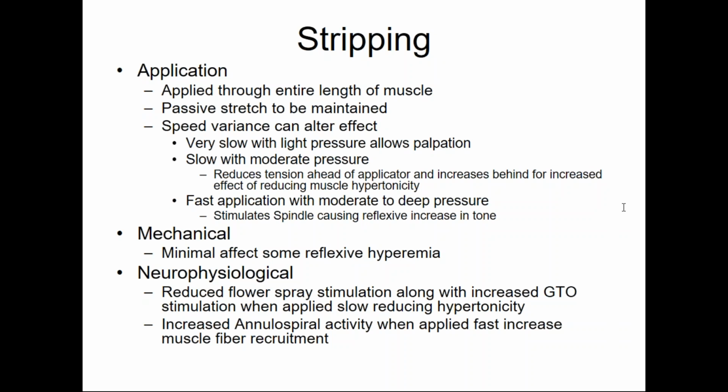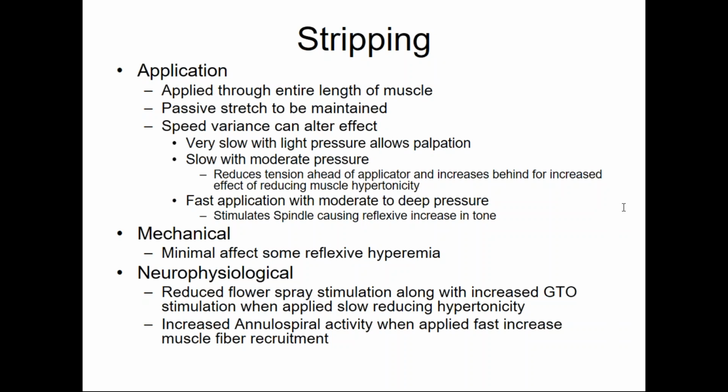Stripping technique is where you apply pressure starting at the musculotendinous junction or at one end of the muscle fiber. You're going to apply that pressure, maintaining it through the entire travel to the other end of that particular muscle fiber.